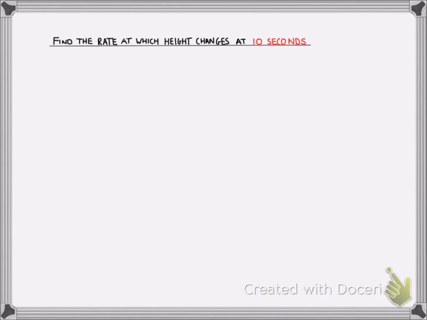Going straight into it, dH by dt will equal 0.0149 e to the negative 0.0025, and that's multiplied by 10 because we're after the solution after 10 seconds. When you put that into your calculator, you should come out with 0.0145, and what will our unit be?